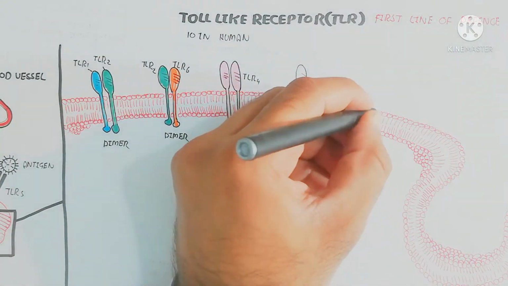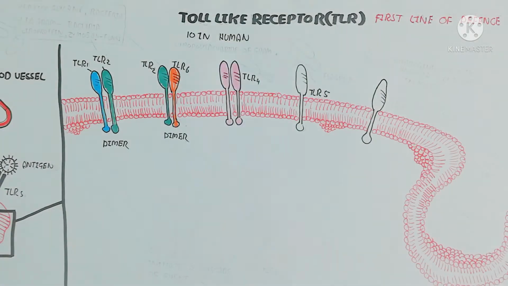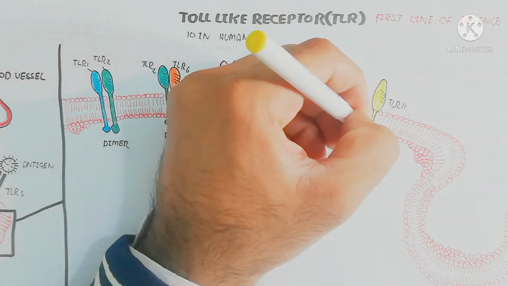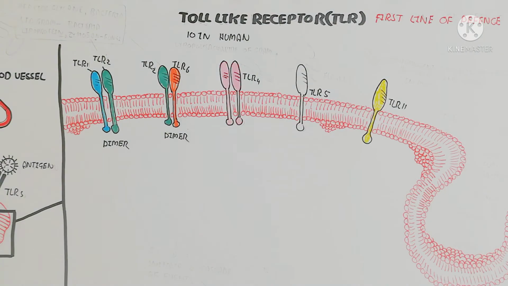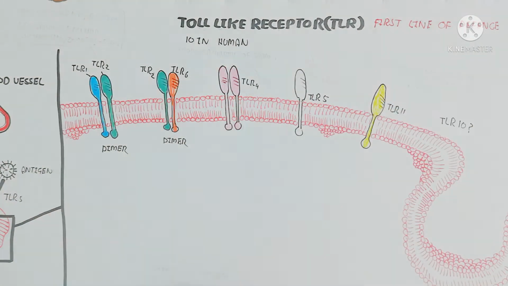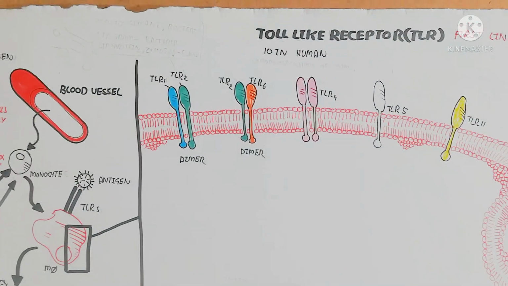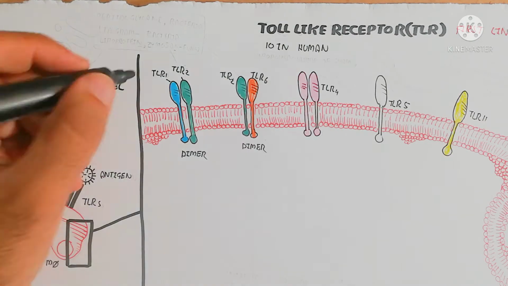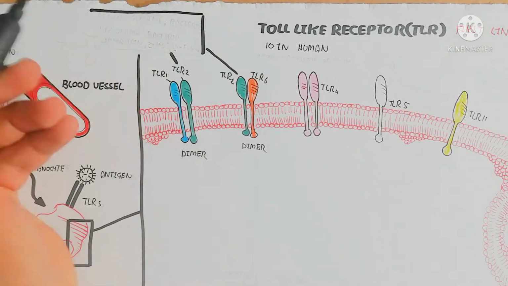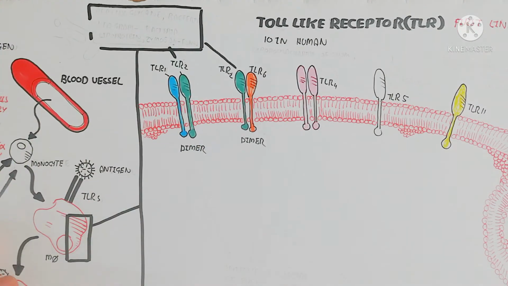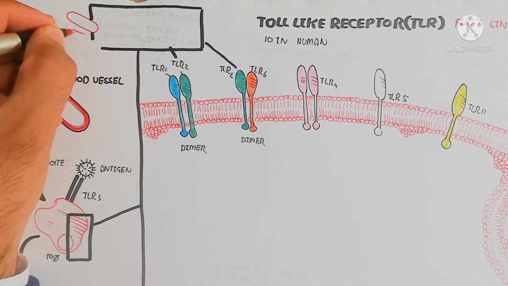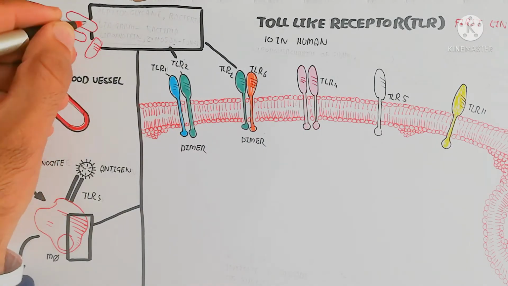Here you can see Toll-like receptor 5, which is monomeric, and Toll-like receptor 11, which is also monomeric. Toll-like receptor 10 is also present, which was recently discovered, and it checks the GP41 protein from the HIV virus.